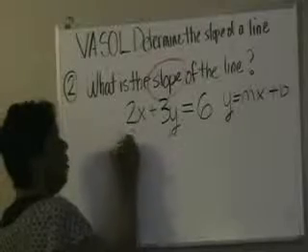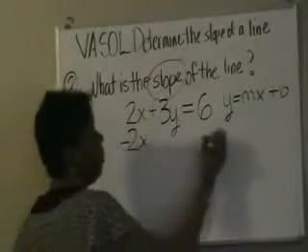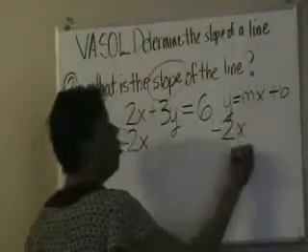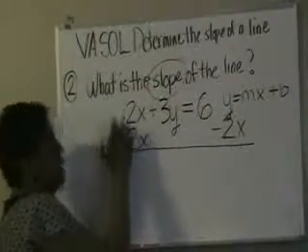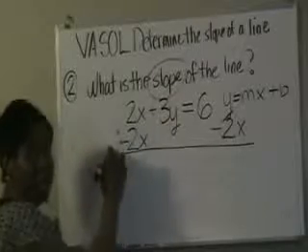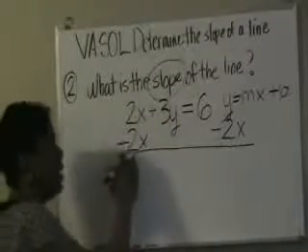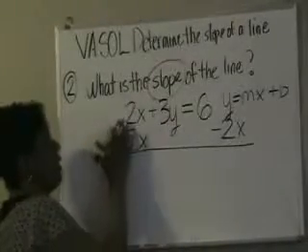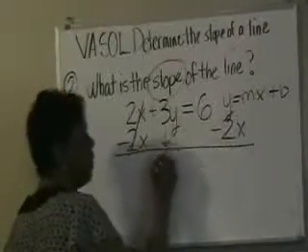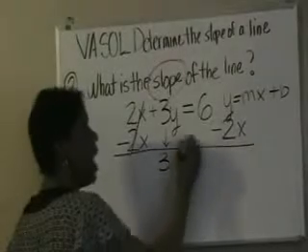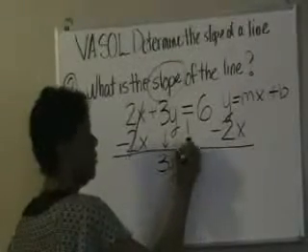So we subtract 2x here, we subtract 2x here. The reason why I'm subtracting 2x is because this is positive. If this was negative, I would add, okay? And then it becomes a 0 to cancel out. So since it's a positive, I subtract 2x here. That cancels out. I'm going to bring down my 3y. I'm going to bring down my equal sign.